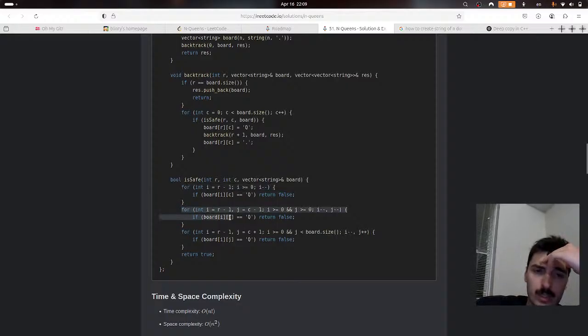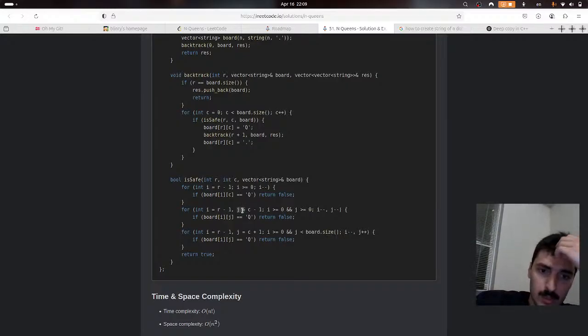This is doing something a little bit odd. Whoa, what's that? i starts as row and j starts as column.